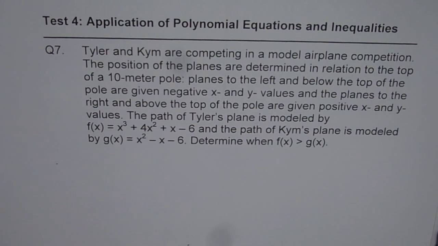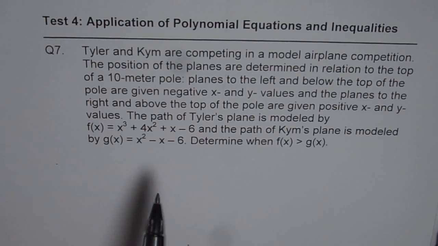The path of Tyler's plane is modeled by f of x equals x cubed plus 4x squared plus x minus 6, and the path of Kim's plane is modeled by g of x equals x squared minus x minus 6. Determine when f of x is greater than g of x.